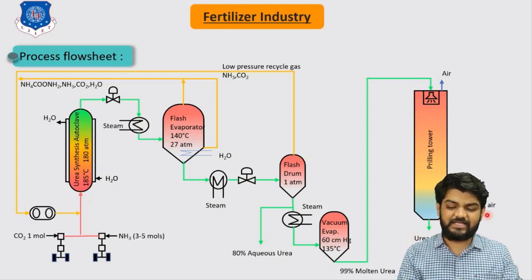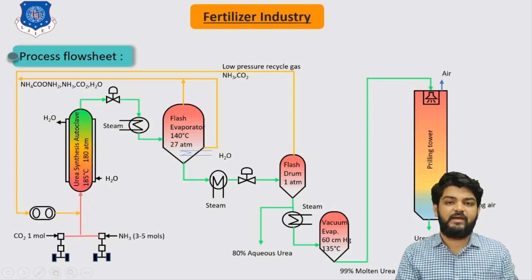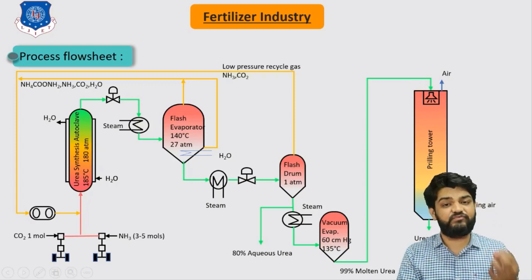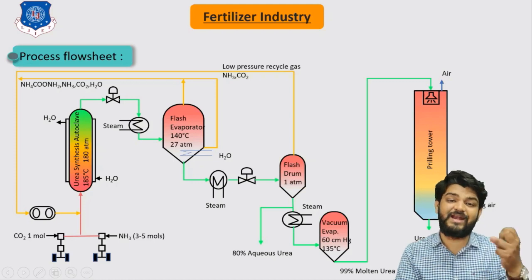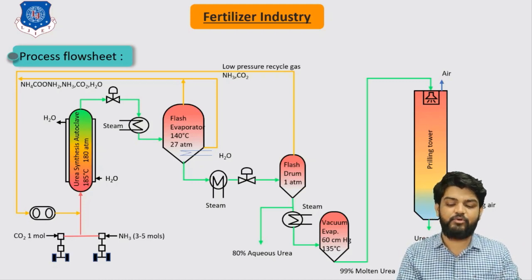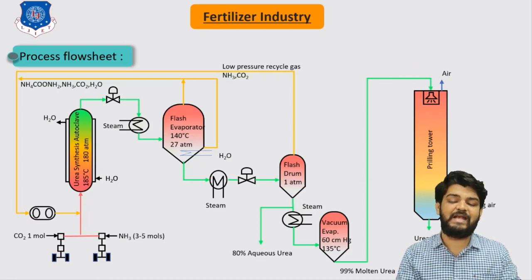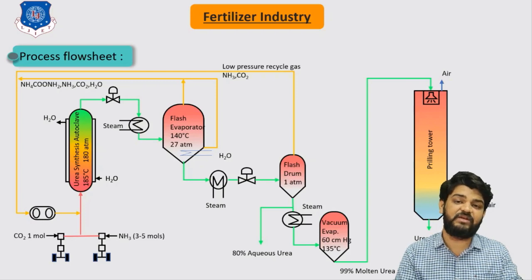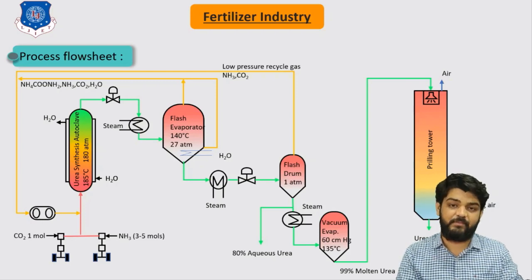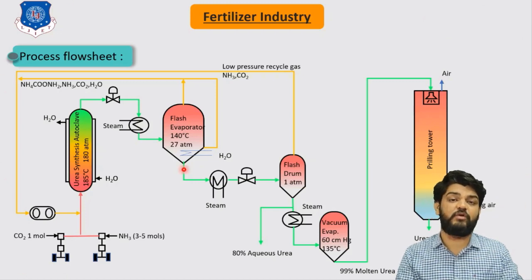Here we are passing cold air which converts this into urea granules, and we make sure that we provide sufficient residence time so that we can reduce the side reaction and the byproduct of the biuret. With this kind of arrangement, we can produce 99% of the urea and less than 1% of the biuret is produced. So this is the entire process flow sheet for the production of the urea.